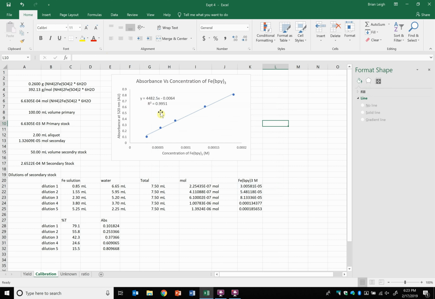Okay, so now we have our trend line, so we can put the data points on this trend line, and if we have an absorbance, we can figure out their concentration.